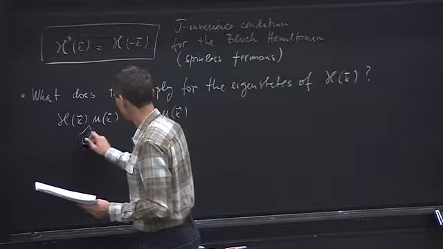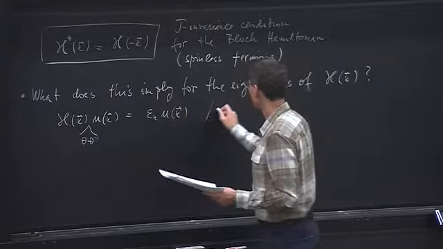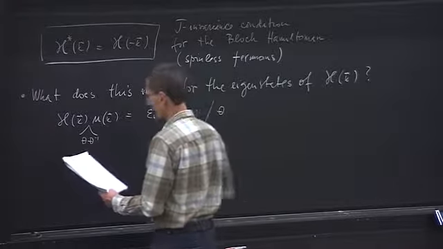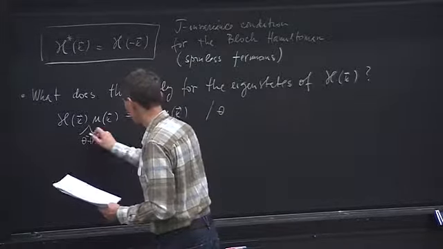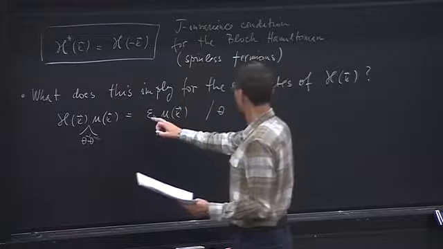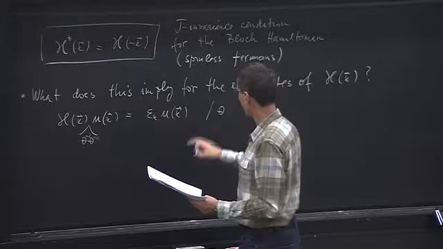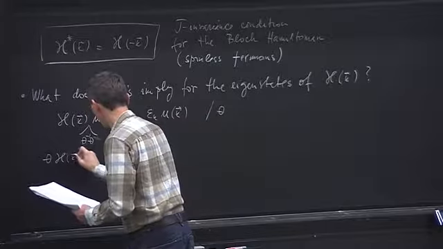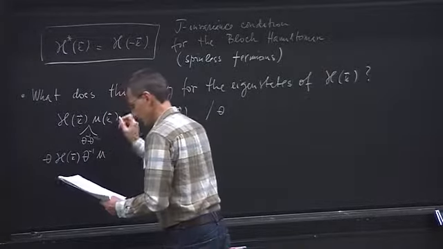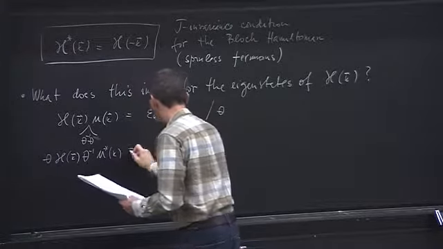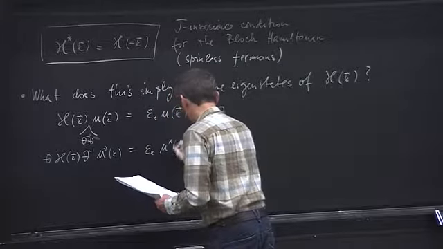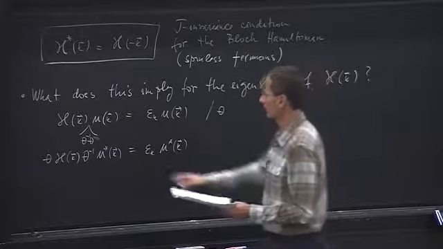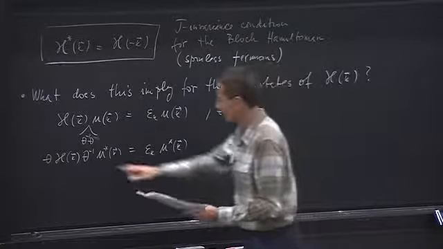I insert here unity resolved as theta minus 1 theta, and then I multiply the whole thing by theta from the left, and you can see what will happen. Theta does nothing for this epsilon of k, but acts here on the u of k, and what I then get is theta h_k theta minus 1 u star k is equal to epsilon k u star k.